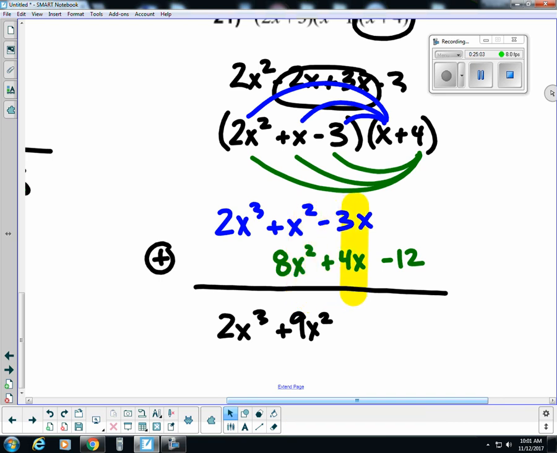Negative 3x plus 4x is x. And then finally, negative 12 plus 0 is negative 12. And there you have your answer, written in standard form.